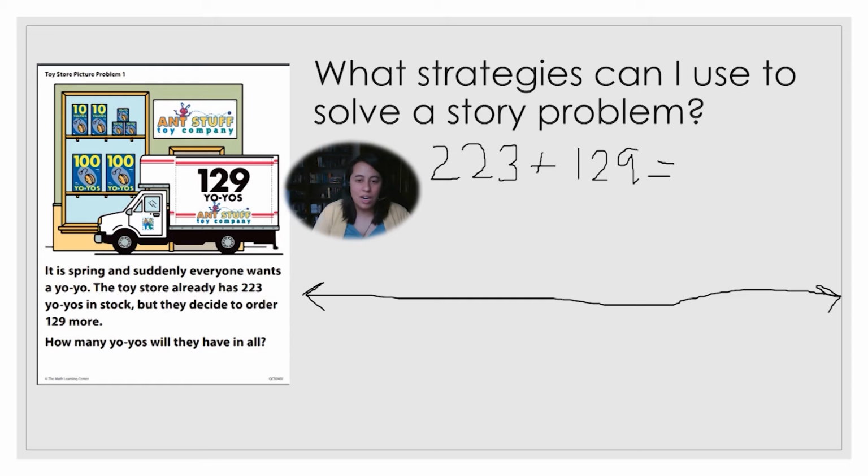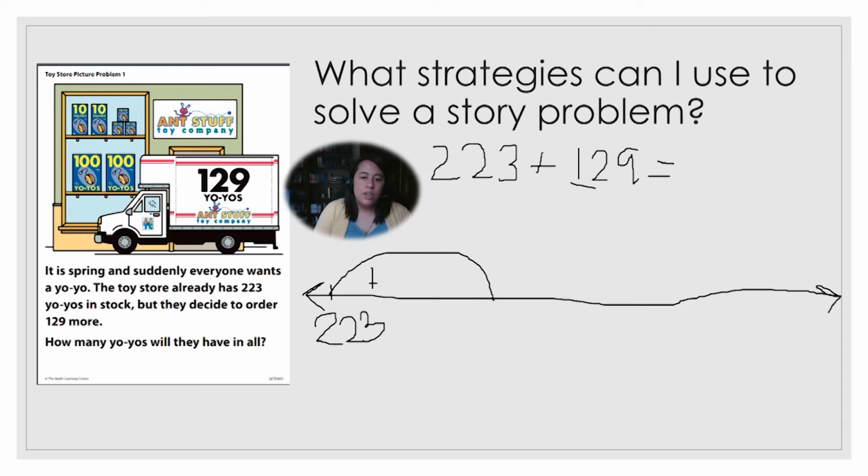So I'm going to start at 223 because I'm adding 129 to that. Now, if I do 129 jumps of 1, I'm not going to have enough room on my number line. So I'm going to be a little strategic about this. 100, that's pretty easy for me to add mentally.